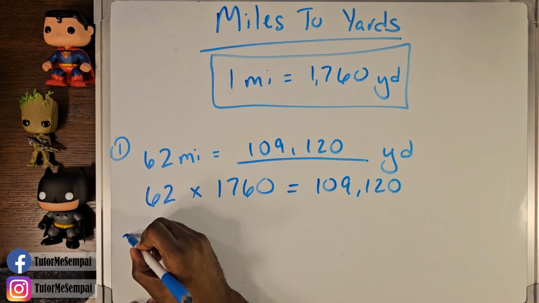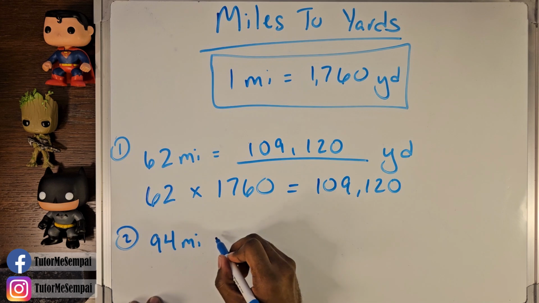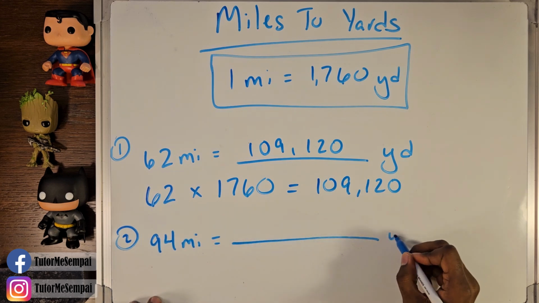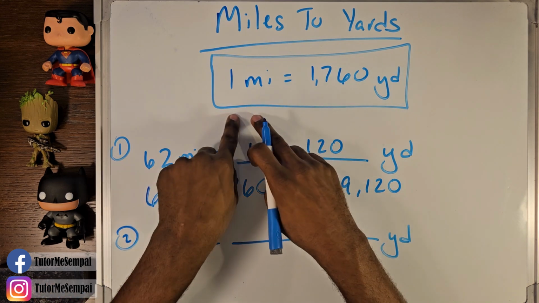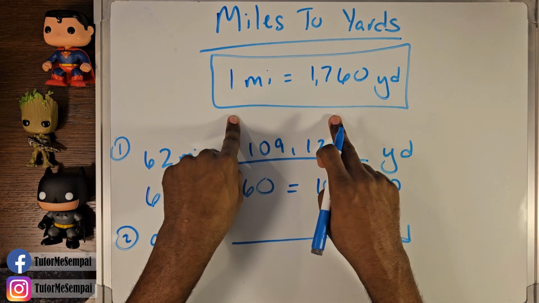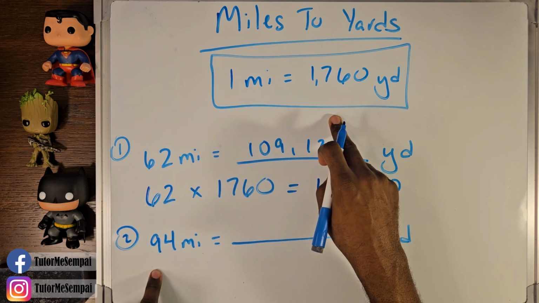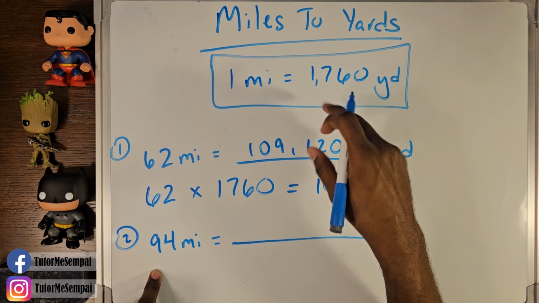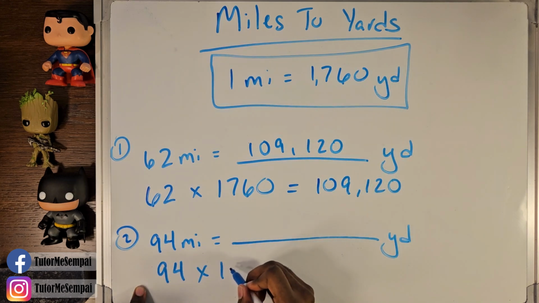Let's look at another example. Let's say we have even more miles, 94 miles this time. And we're going to figure out how many yards we have when we have 94 miles. Well, remember, every mile is going to be 1,760 yards. We have 94 of these miles. So 94 times this amount. We want to multiply 94 times 1,760.